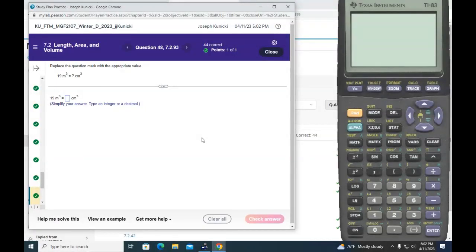If I cube this, I get 10 to the 6th. 1, 2, 3, 4, 5, 6. So if I want centimeters cubed, then that'll be 1 million over 1 meter cubed, which cancels. So it's 19 million cubic centimeters.